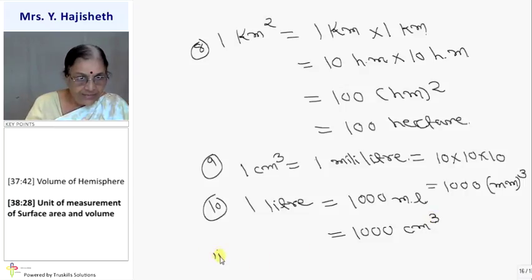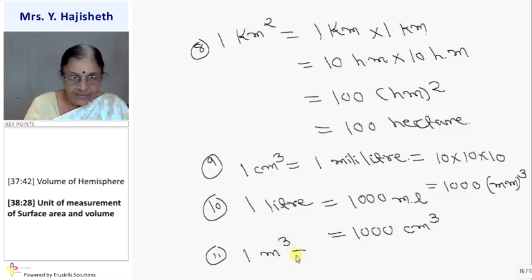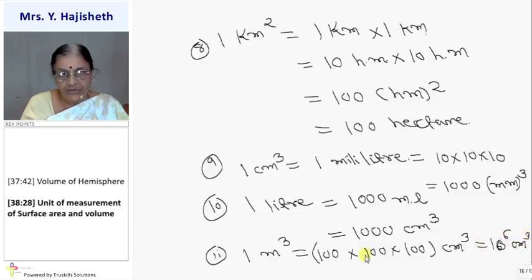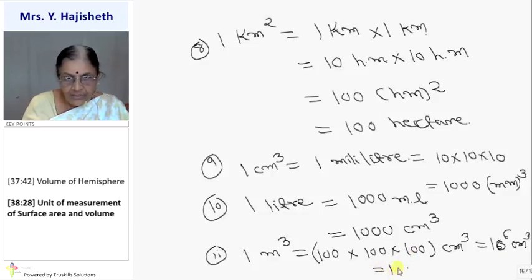And last one is 1 meter cube is 100 into 100 into 100 centimeter cube. Clear? Because 1 meter is 100 centimeter. That is 10 raised to 6 centimeter cube. But 1000 centimeter cube is 1 liter. So 10 raised to 6 centimeter cube is 1000 liter.